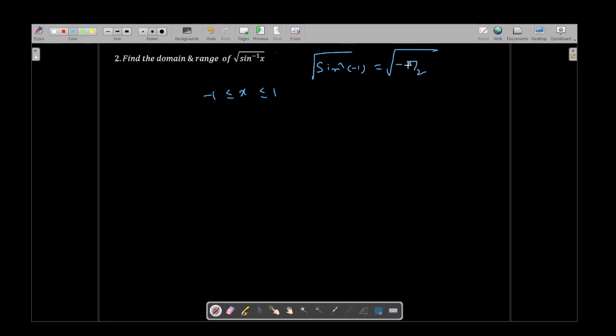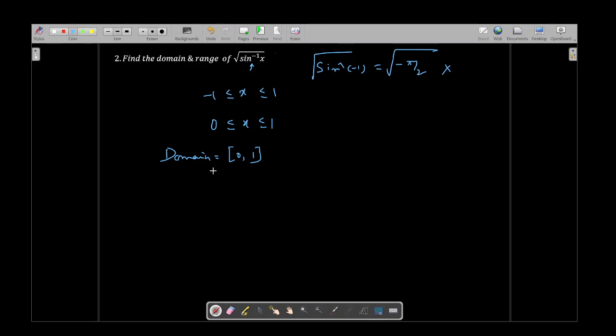So minus pi by 2 will not exist. Any value between -1 and 0 will not give you a proper value. So we have to take values from 0 to 1. So the domain is 0 to 1.